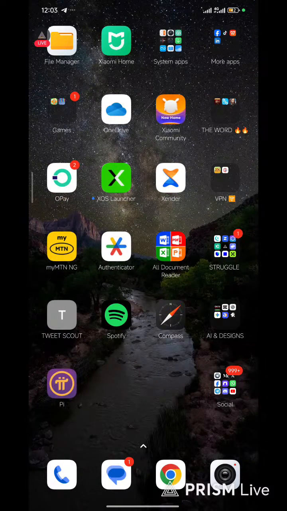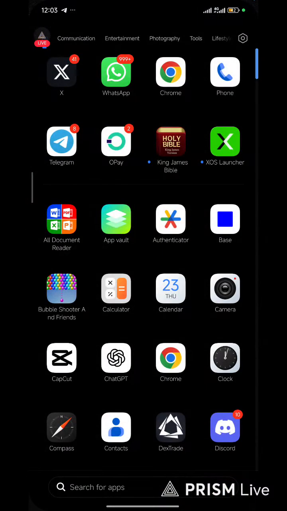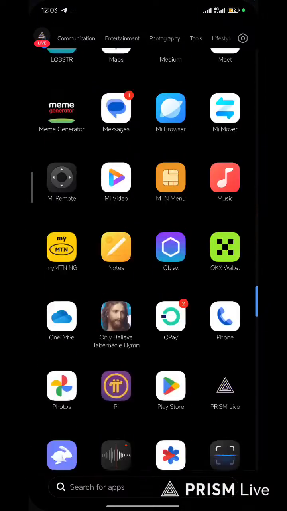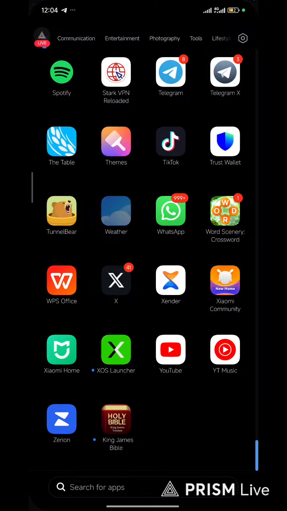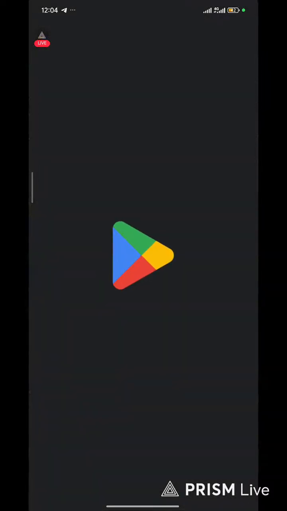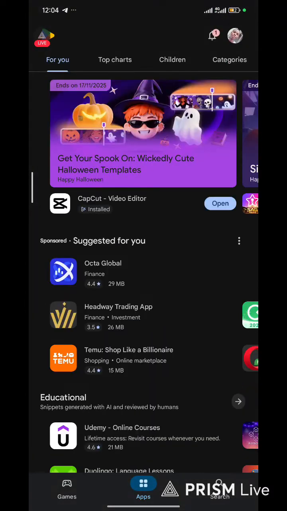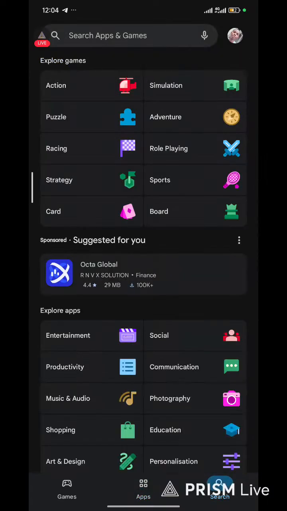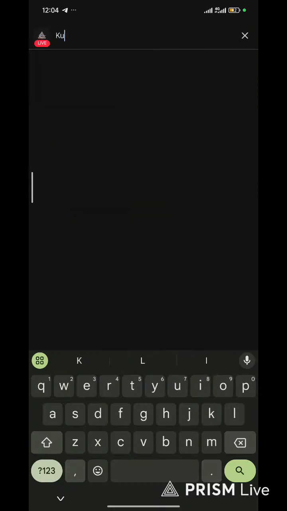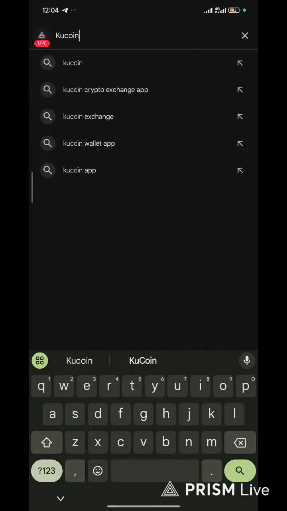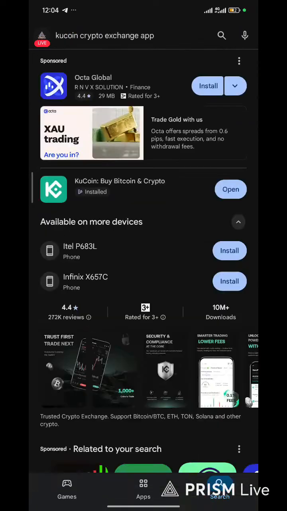If you haven't downloaded the KuCoin app, please, for mobile, kindly go to your Play Store. Tap the search icon, click on KuCoin crypto exchange app.